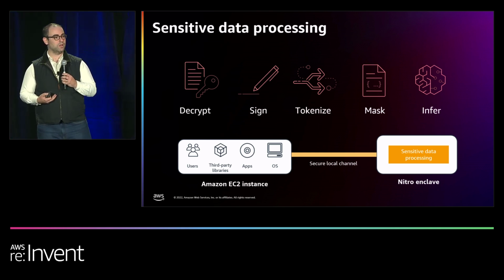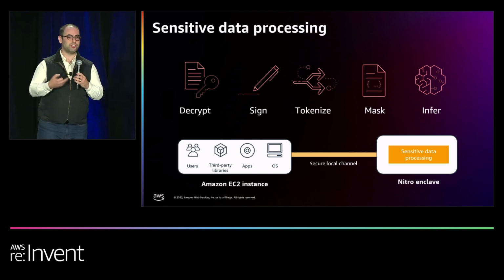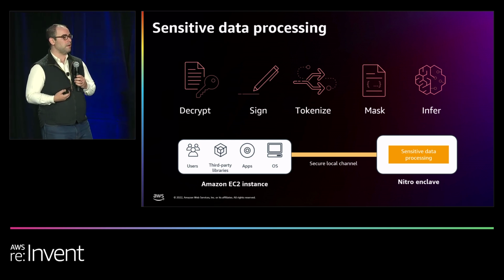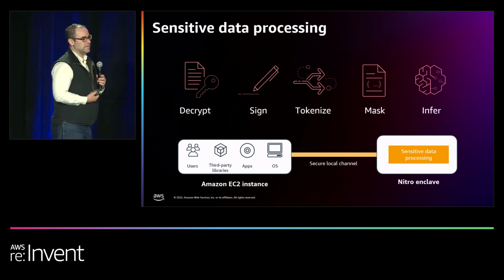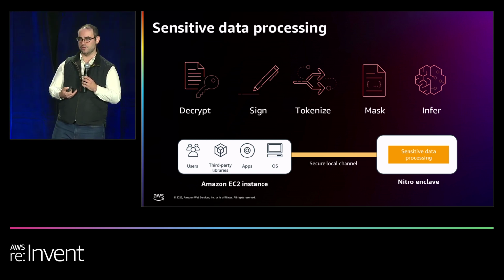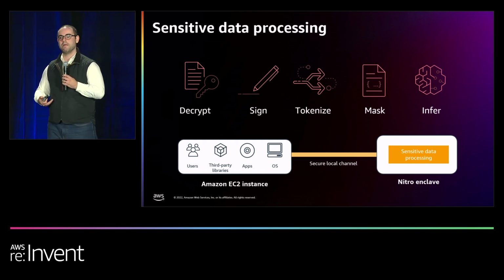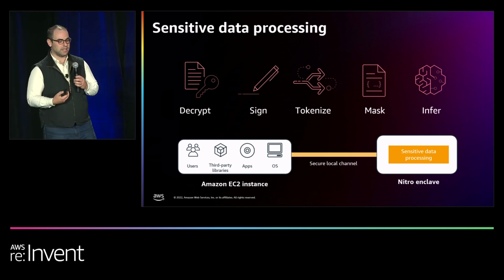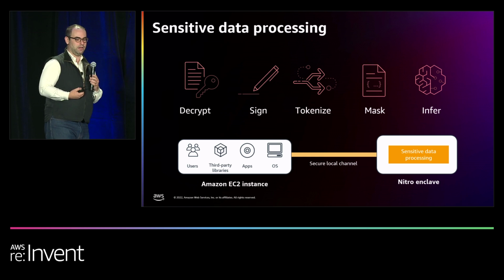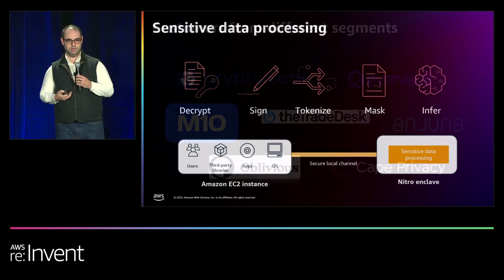Common activities that customers want to do with Nitro Enclaves, because Nitro Enclaves is a very flexible and general purpose computing environment, it enables customers to do any number of sensitive data processing activities, such as signing using a sensitive cryptographic credential, but ensuring that that signing process meets and matches prescribed policies. Tokenization and masking of sensitive data, and even inferencing of machine learning models are common sensitive data processing activities.